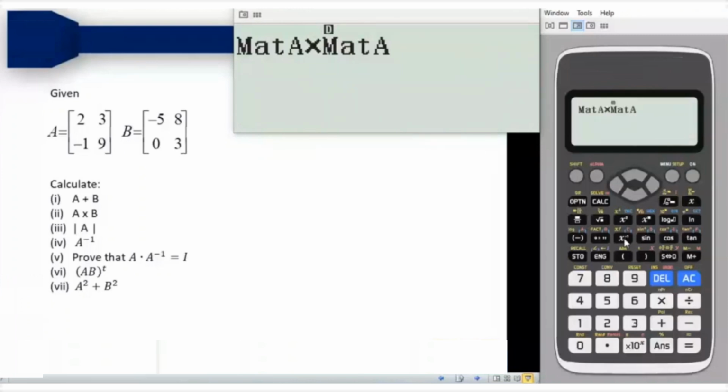So option 3 multiply by option 3 inverse, that is A multiply by A inverse. And when I press equals to, the result is identity matrix. I hope I am clear.